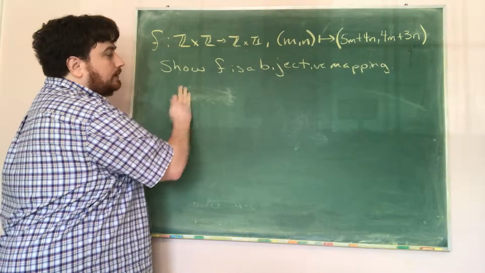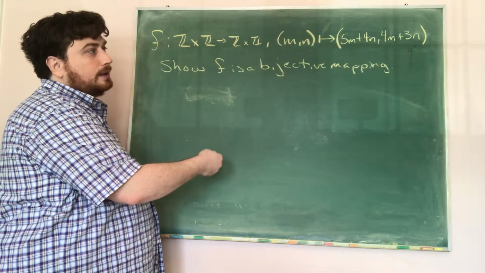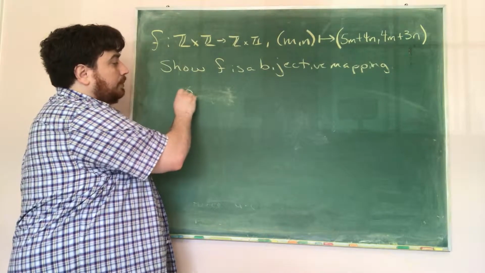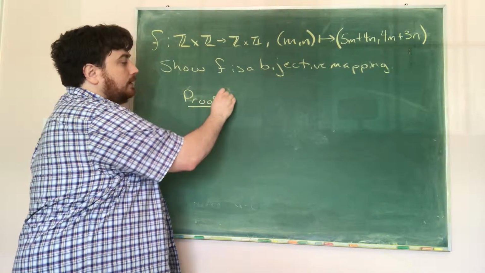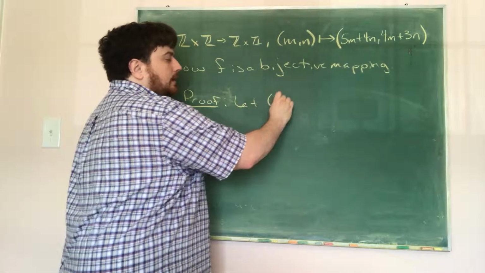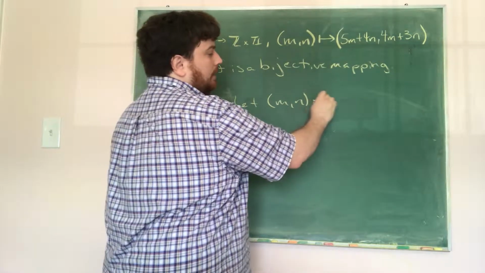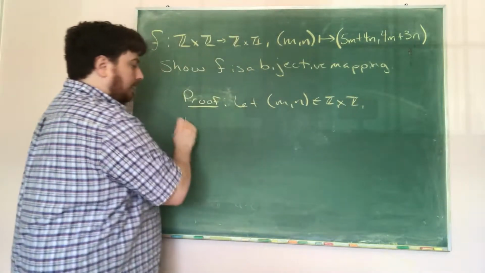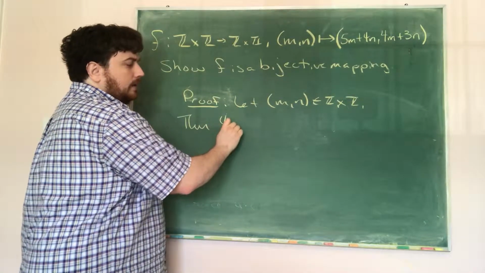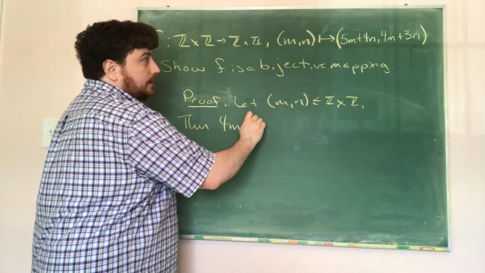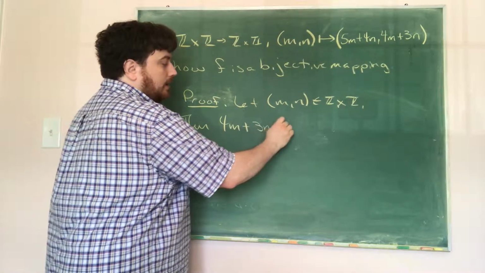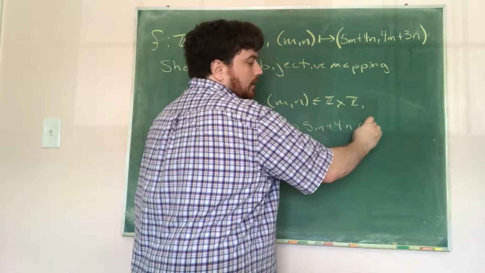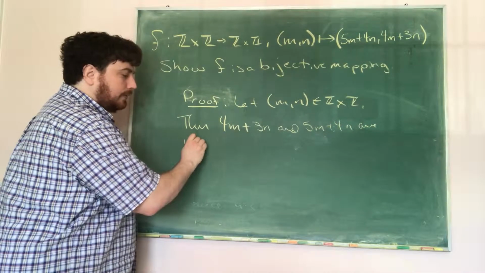Now, as I write that up as a proof, the important thing is really just checking that this makes sense. So for a proof of well-defined, I would say: let (m, n) be in Z cross Z, then 4m + 3n and 5m + 4n are uniquely defined integers.